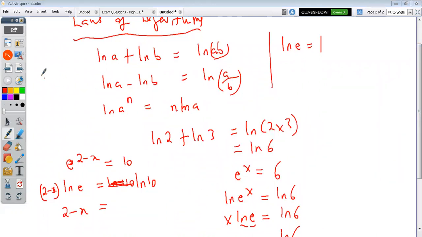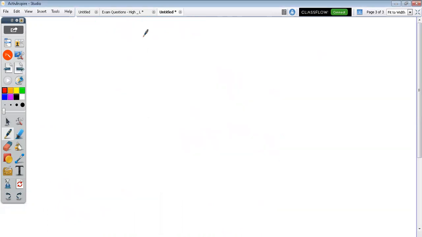What I had done is I was talking of laws of logarithms. What I started, I said 2 to the power of 4 is equal to 16, you know that. So we can also write this as log 16 to base 2 is equal, let's say, to y. What we are simply saying here is 2 to the power of y is equal to 16.